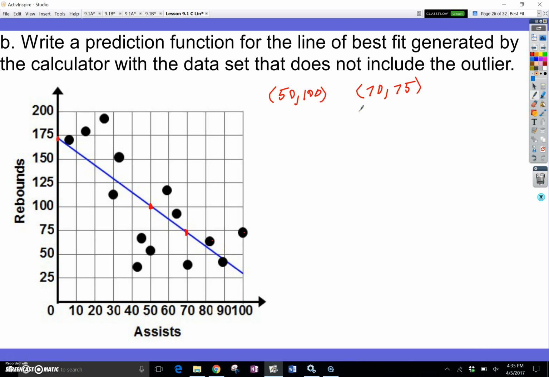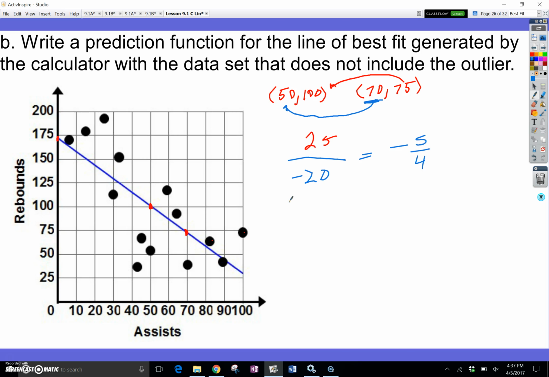And I would want to find the change in y over change in x. So going from 75 to 100 would be going up 25. Now we need to find the change in x. So when I go from 70 to 50, I'm actually going down 20. So that means I would have negative 5/4 as my slope.